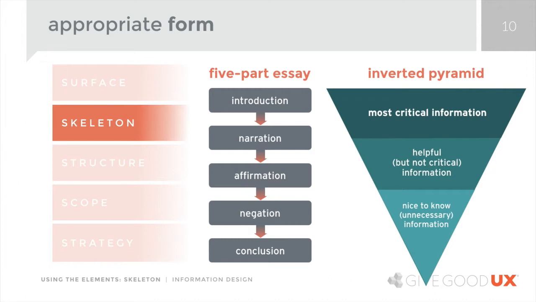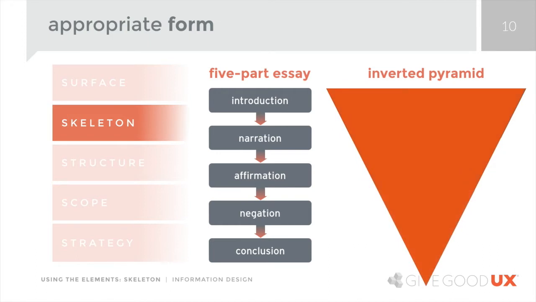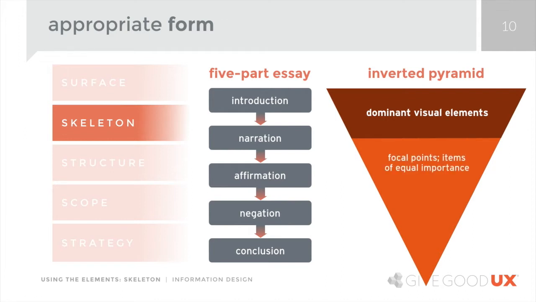Now, that journalistic inverted pyramid also relates to an inverted pyramid of visual design, and it works like this. Your most dominant elements on the screen should be seen first and most often, okay? Those are the things that communicate your primary messages for the page. Next, through a hierarchy of focal points, items of equal importance are grouped on a layer of equal visual weight.